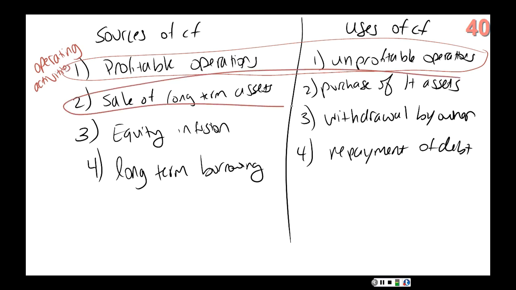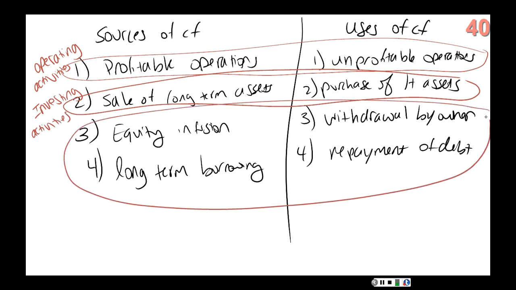The purchase and sale of long-term assets are considered investing activities. And finally, numbers 3 and 4, equity infusions and withdrawals, long-term borrowing and repayment, are considered financing activities.